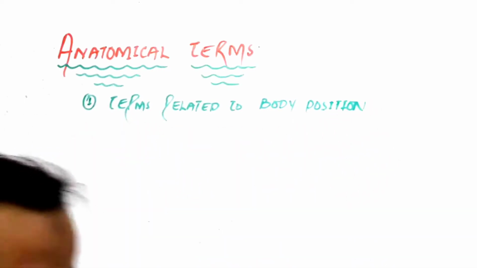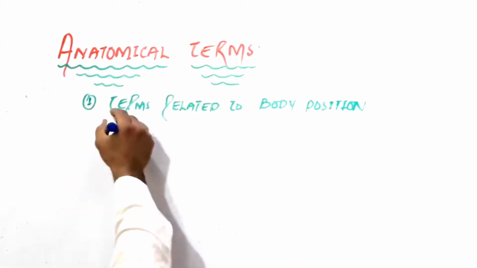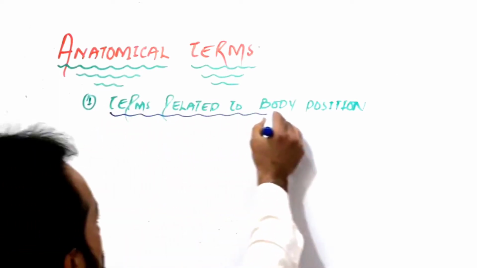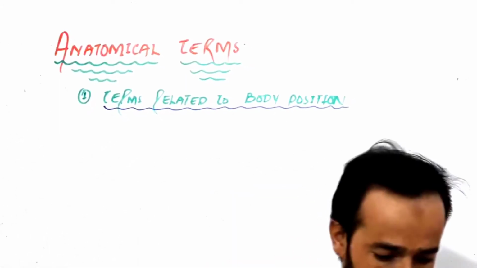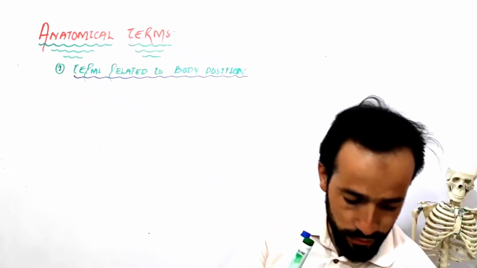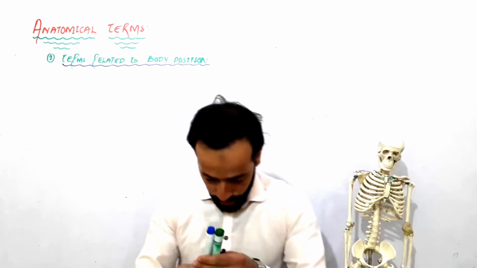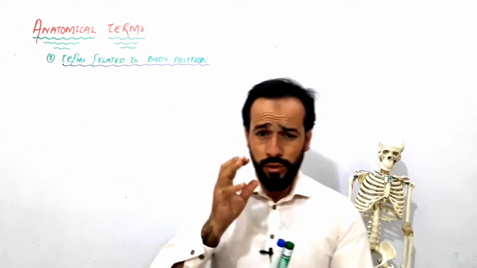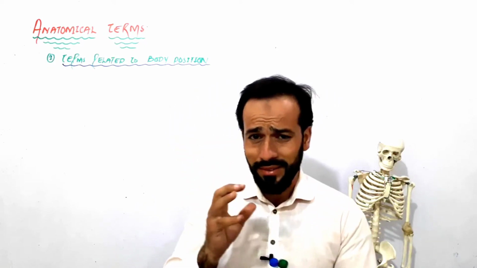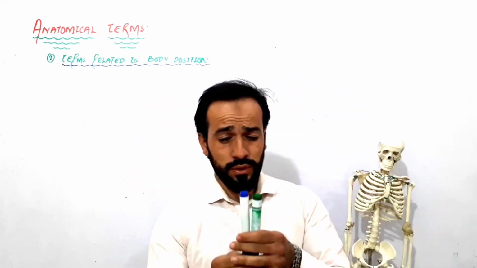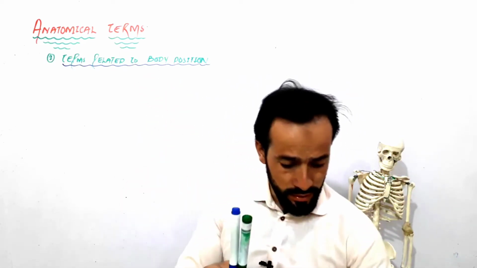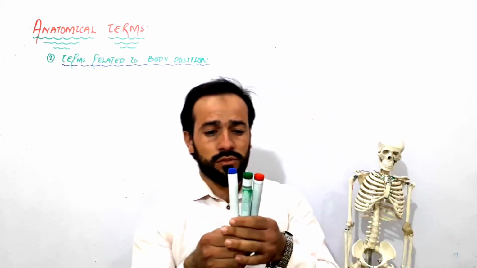So in simple English, if we talk not in anatomical language, if we talk in English, what will we say? Look carefully, friends, I want to put in your mind a basic concept about the terms related to body position. Look carefully. Let me take this marker also.